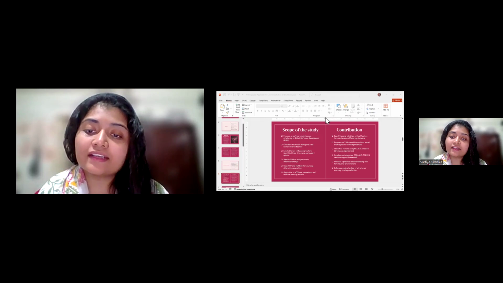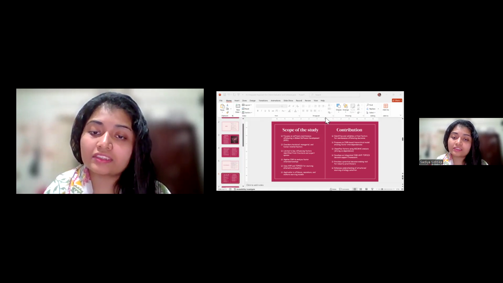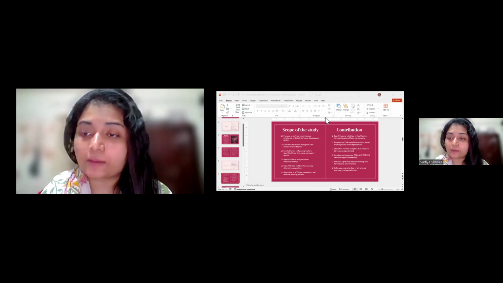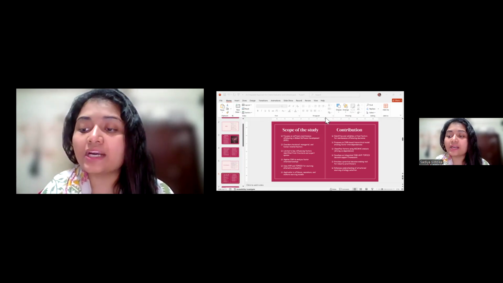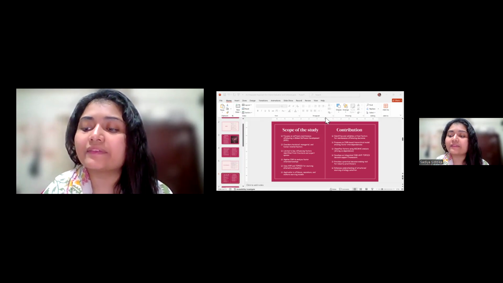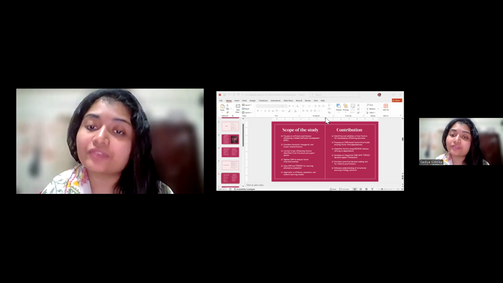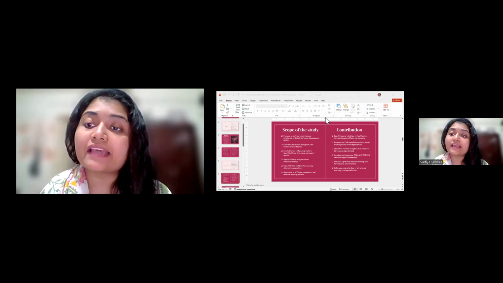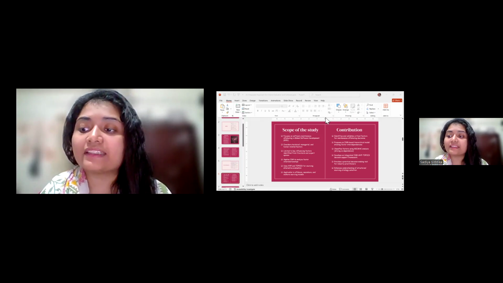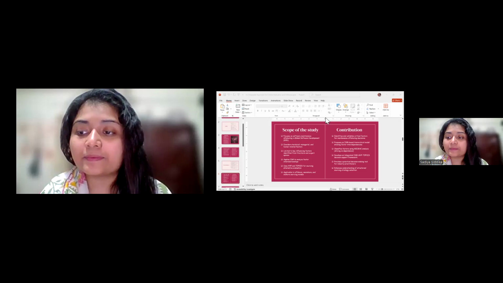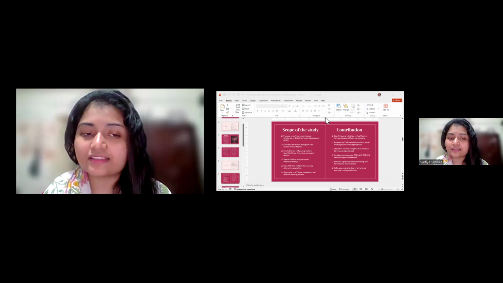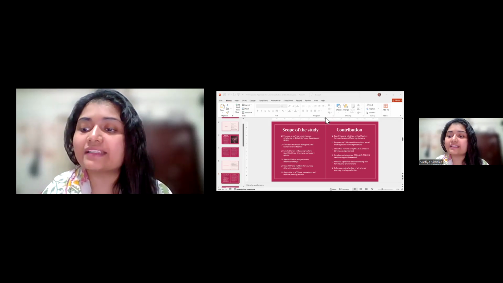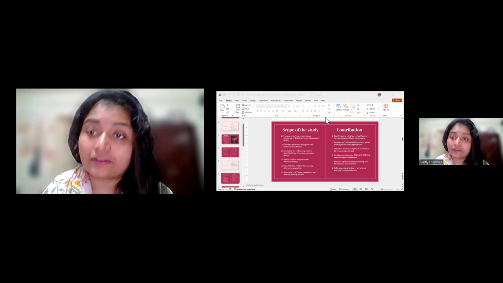So here we can see that they have talked about the ISM AHP TOPSIS framework. So what is this? It is a powerful multi-criteria decision-making (MCDM) approach that integrates interpretive structural modeling, analytic hierarchy process, and technique for order preference by similarity to ideal solution to solve complex problems like supplier selection or sustainability evaluation.